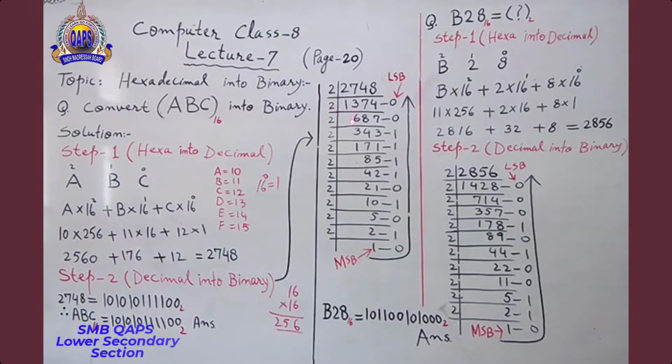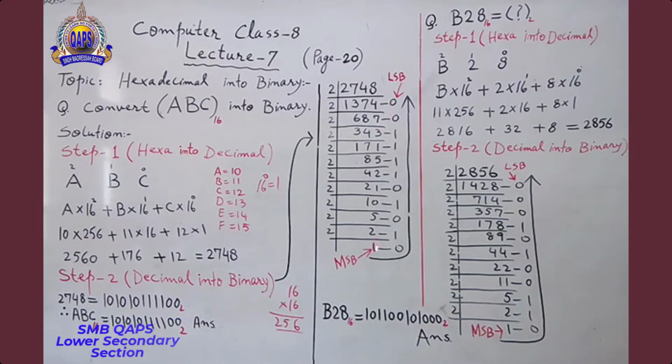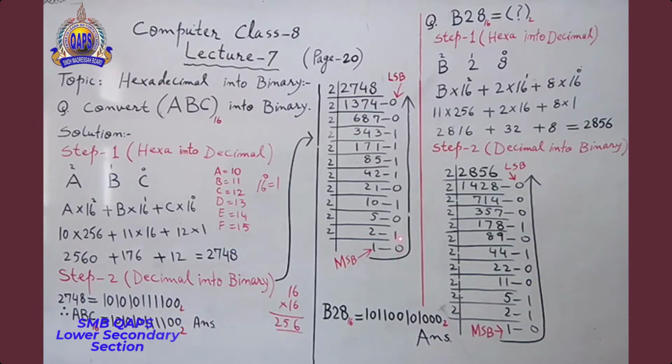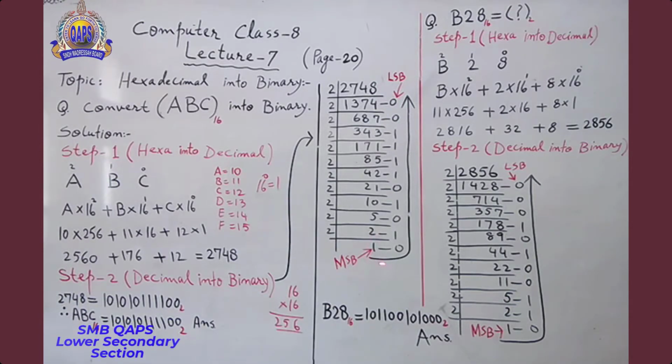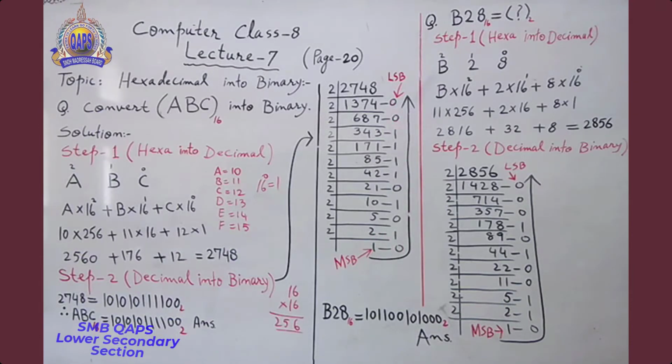Again divide by 2. This is the answer, left 0. In the same way, do this thing and you will get the answer. Why? Because this is MSB, most significant bit, and that is LSB, least significant bit. We start writing from MSB to LSB.